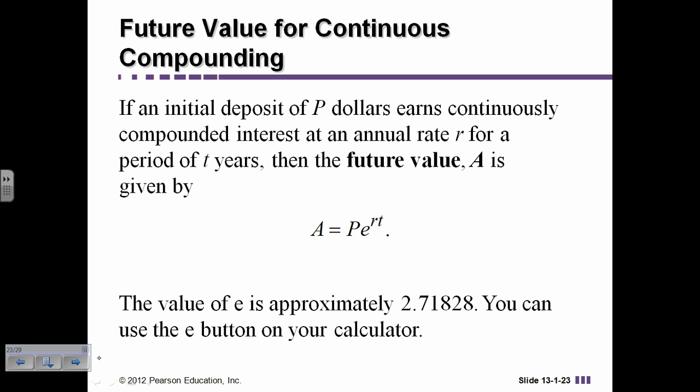That's the value of E. If you do not have an E button on your calculator, then you will need to type in the number 2.71828. This is a standard irrational number, sort of like pi that we have learned about in the past. It's just a number that's accepted to have this value and can be calculated out. R is the rate, and T, again, is the period of time.